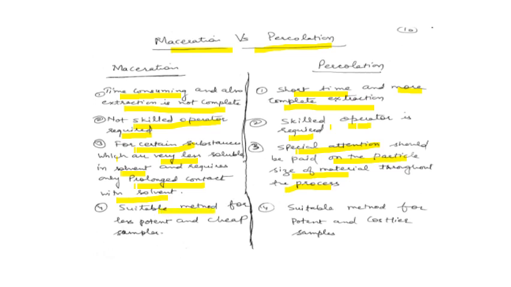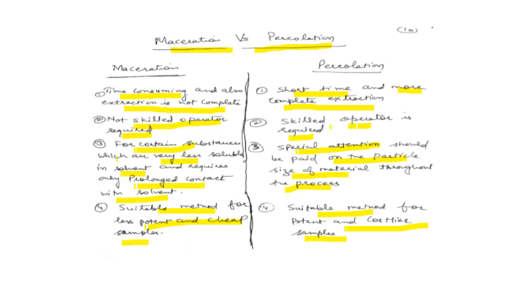Maceration is a suitable method for less potent and cheap samples, which we can say are less costly samples. While percolation is suitable for the costlier samples, which carry a high risk.